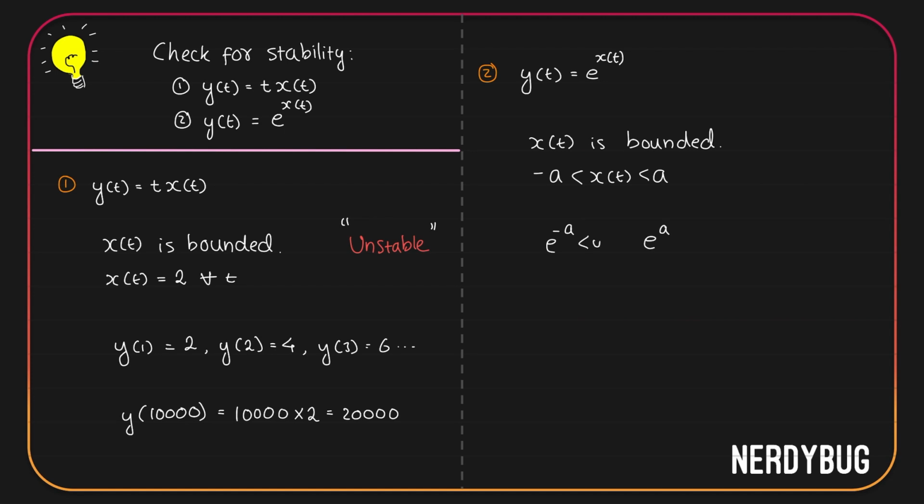So e raised to minus a is less than y of t, which is less than e raised to a. It doesn't matter what value you're giving to t. Since x of t can take only values between minus a and a, y of t is always between e raised to minus a and e raised to a. So y of t is also bounded. This system has to be stable.